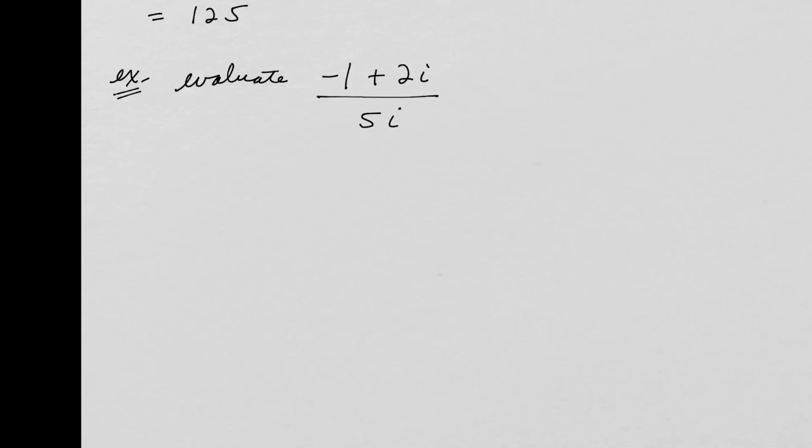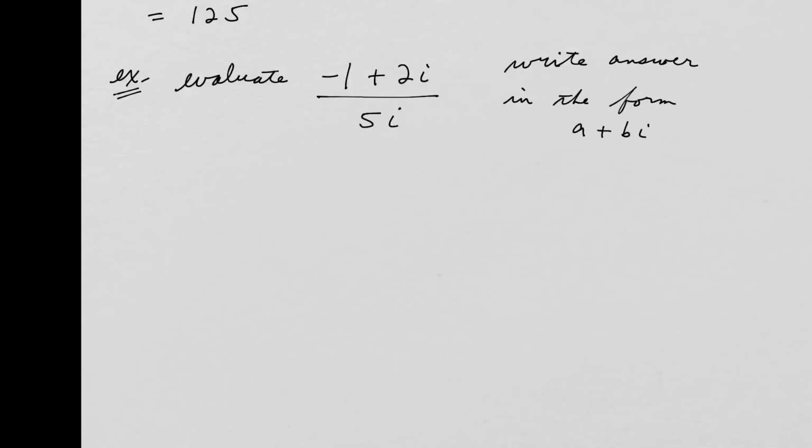Okay, and what I want to do ultimately is write my answer in the form a plus bi, right? I want it in the regular form for a complex number.